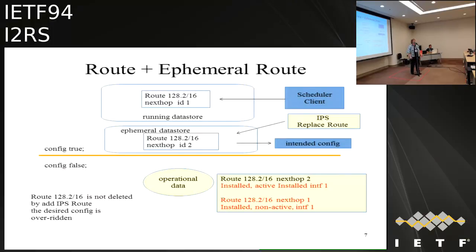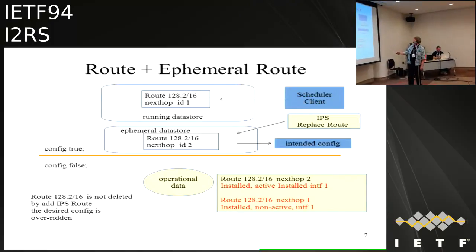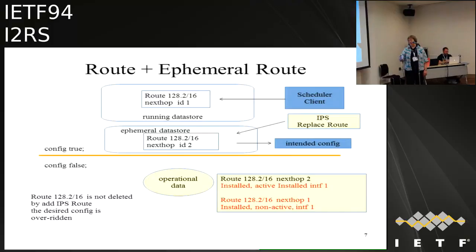For simplicity, call that 192.1.1.2. You then install it, and in the operational data, you will find that it will be installed now as active. Some nodes may toss out the old route, but if they left it in, it would be installed non-active on interface 1.